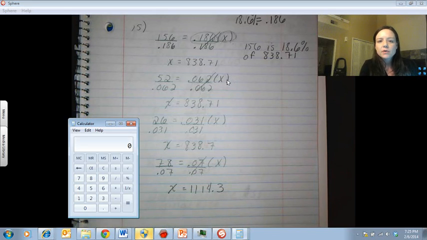In order to solve this, I just need to divide both sides by 0.062. If you look at this little calculator down here, 52 divided by 0.062, that answer is 838.70. And you can see that here, so I got the same answer.